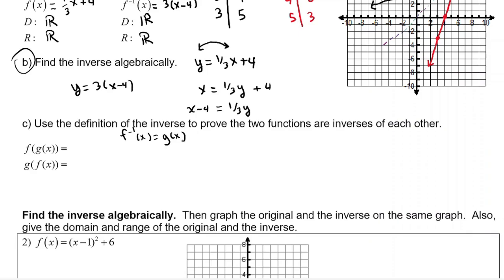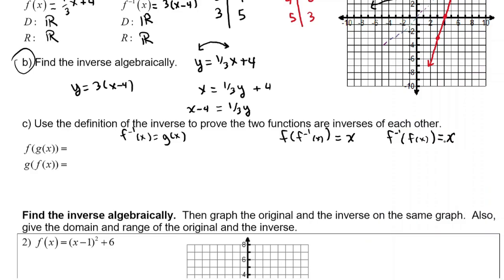If two functions are inverses of each other, the composite function is going to equal x when we do it both ways. So if we have the inverse on the inside or on the outside, if these both come out equal to x, then that proves that the two functions are inverses of each other.